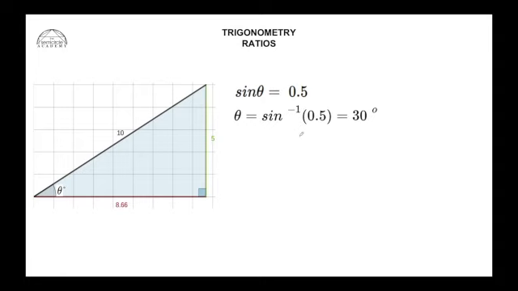You guys seeing that? Yes, sir. Right? So if we have that the sine of the angle is equal to 0.5, you could think about taking sine and throwing it across so that you just have the angle alone.